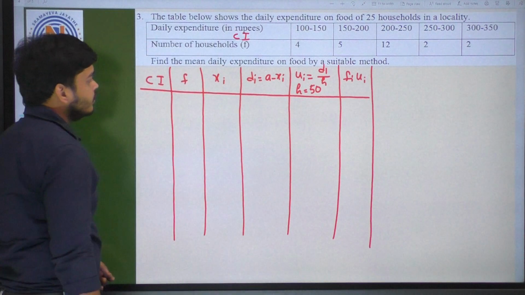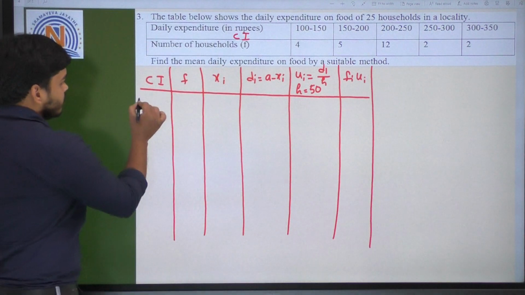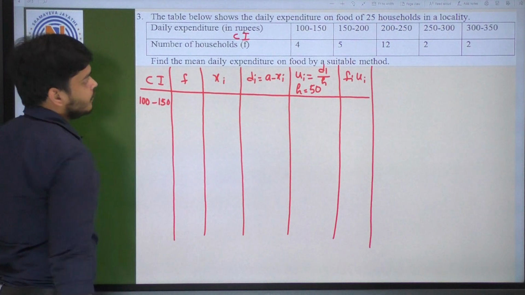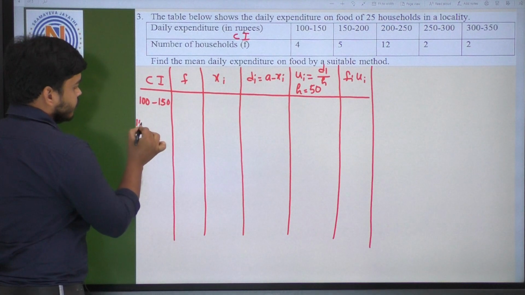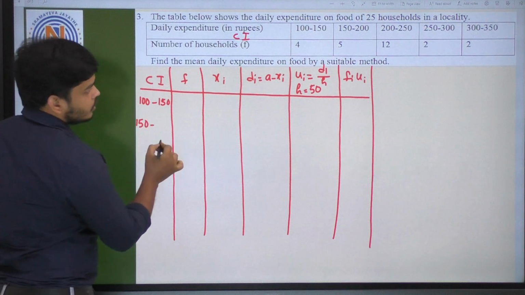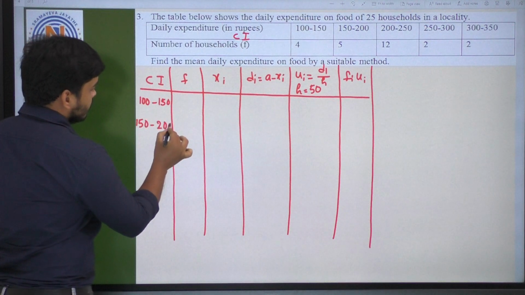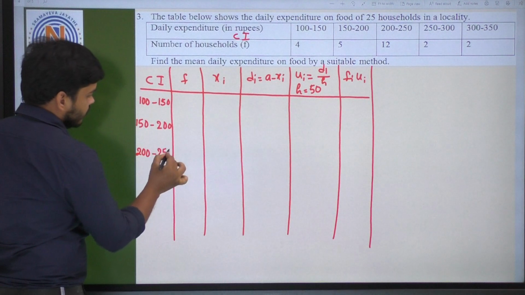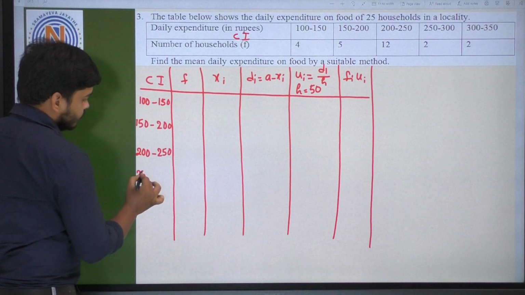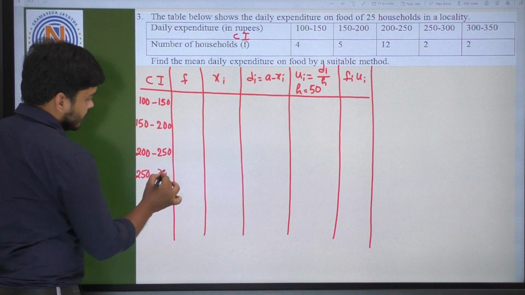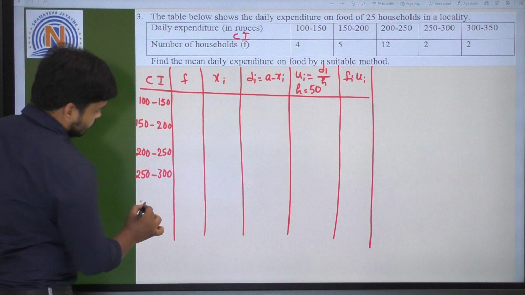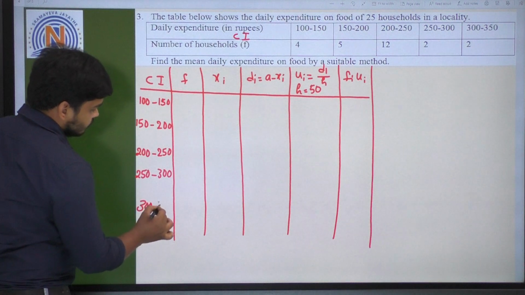Now see children, the class intervals are 100 to 150, 150 to 200, 200 to 250, 250 to 300, and 300 to 350.